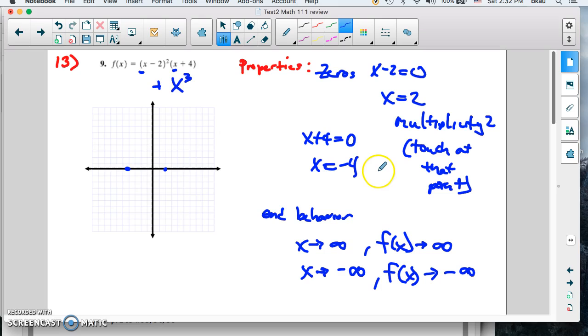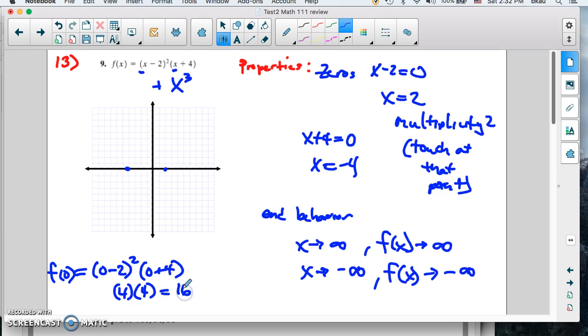All right, let's try to find the y-intercept here. The y-intercept is when we put 0 in for x. So we have 0 minus 2 squared times 0 plus 4. So basically it's squared here, and then that's going to be 4 times 4, which is 16.